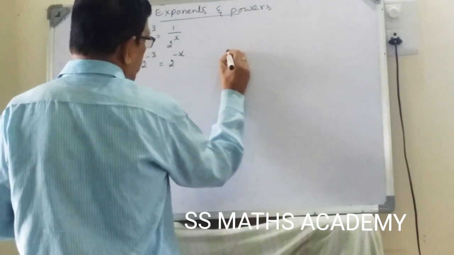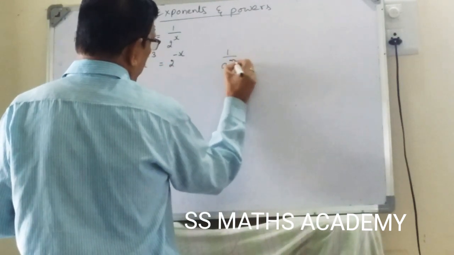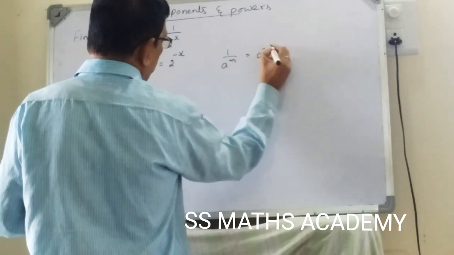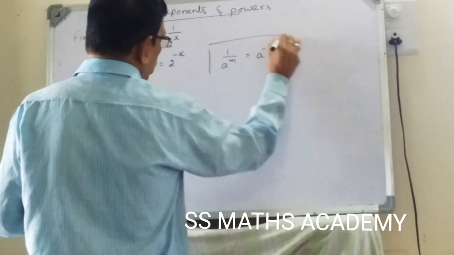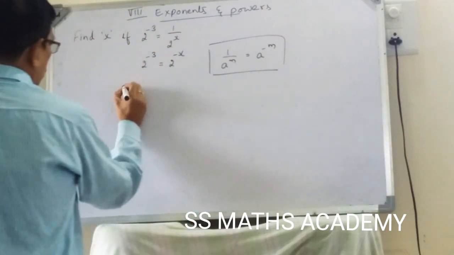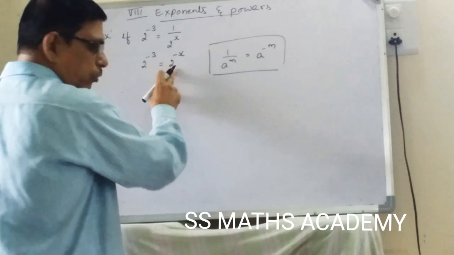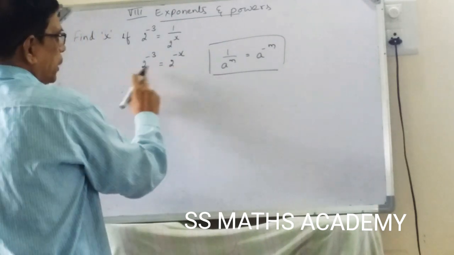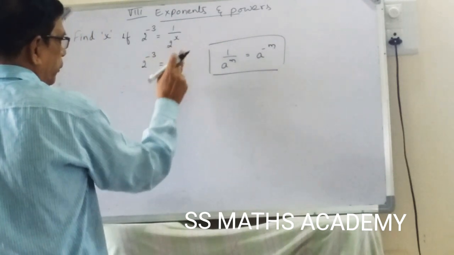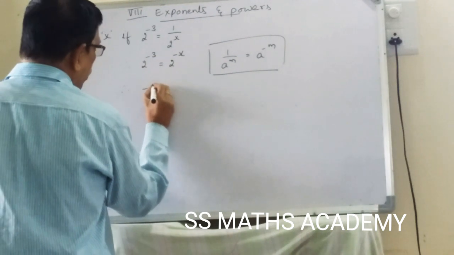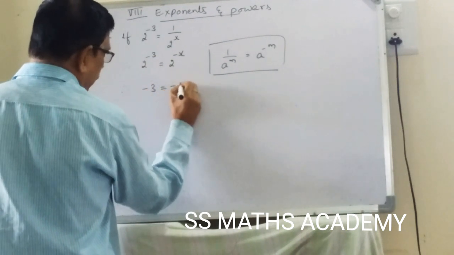The formula is 1 by a^m is equal to a^(-m). This is the formula we used here. Now what is the base? 2 is the base, and here also 2 is the base. So when the bases are equal, we need to make the powers equal. Therefore minus 3 is equal to minus x.